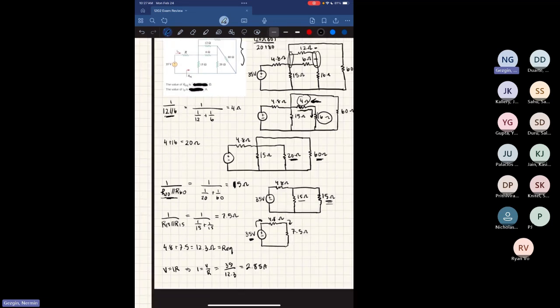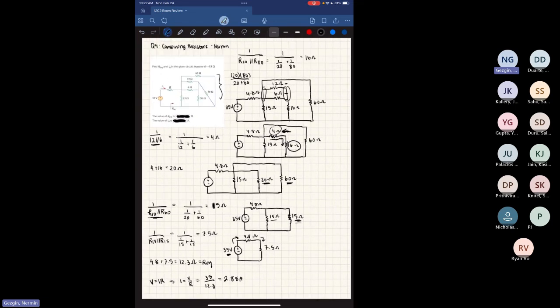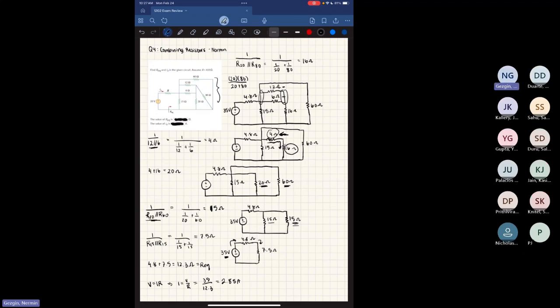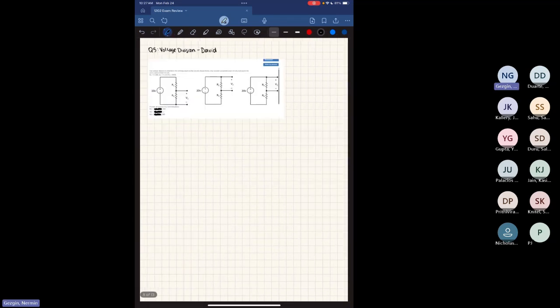So this source right here is giving off 2.85 amps of current, and that's basically this question done. Any questions? Okay, I don't think we have any, so I'll move on.